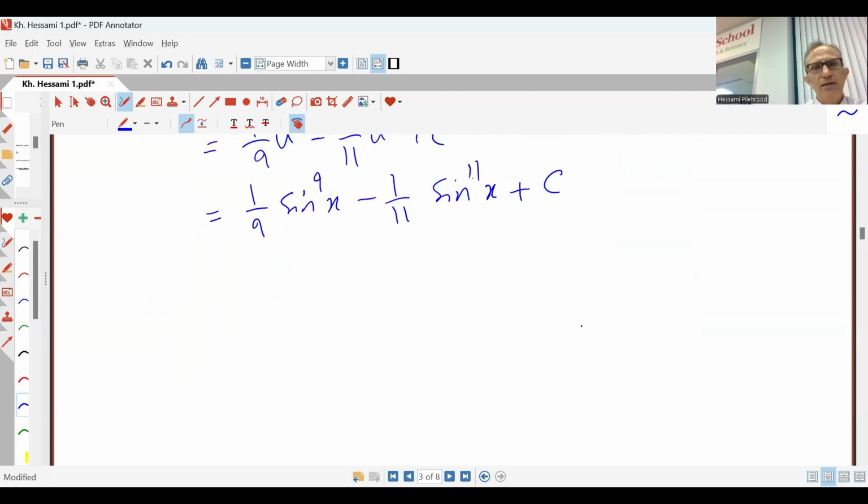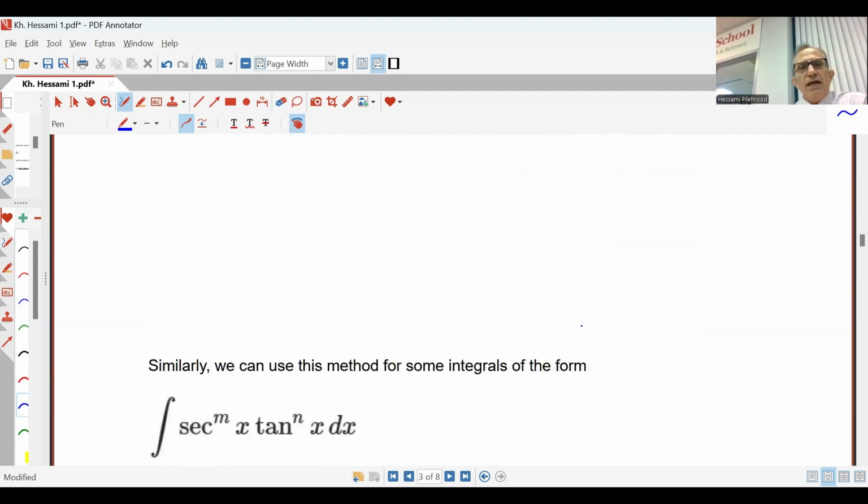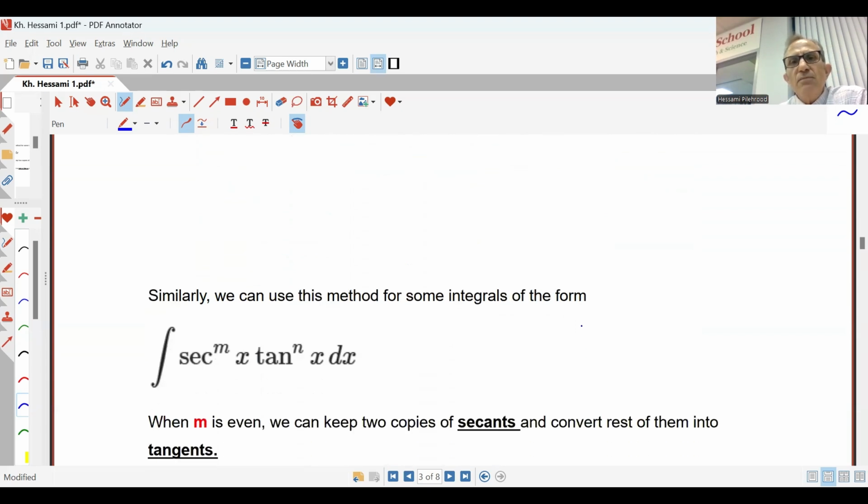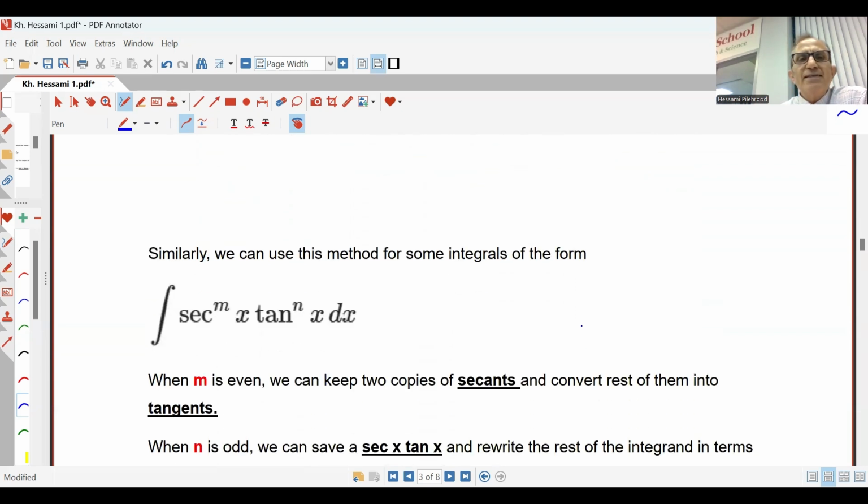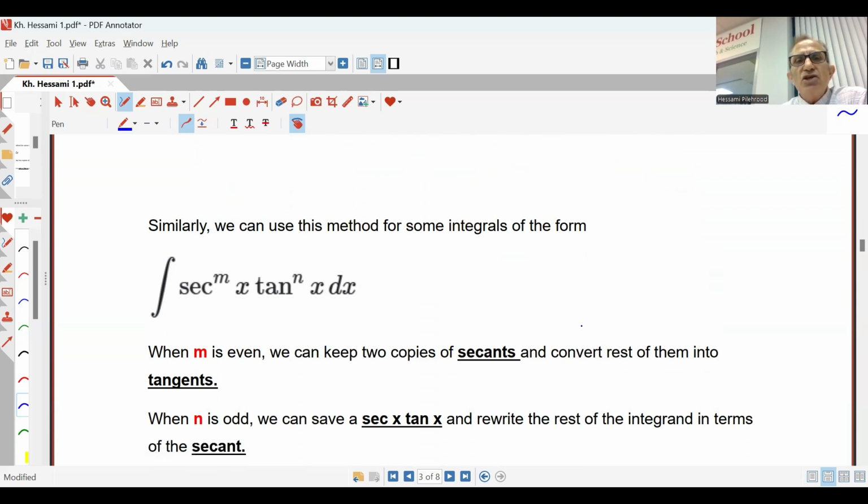Similarly, we can use this method for some integrals of the form secant to the power of m x tangent to the power of n x dx. If m is even, we keep two copies of secant x, and the rest of them we convert to tangent x.